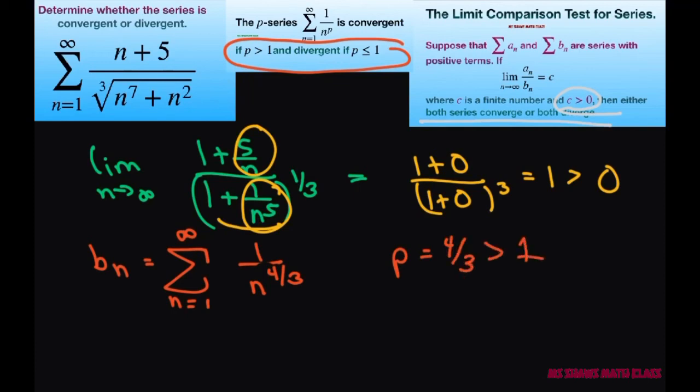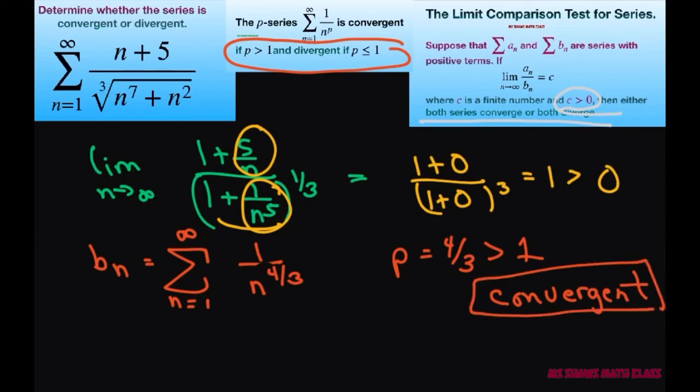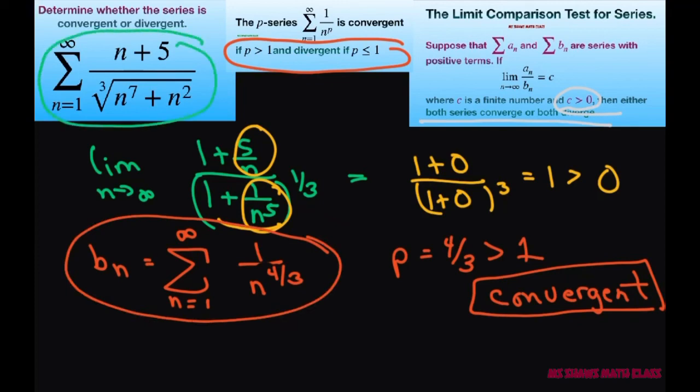So that means it's convergent. And according to the limit comparison test, if this series is convergent, then so is my a sub n series. So this will also be convergent.